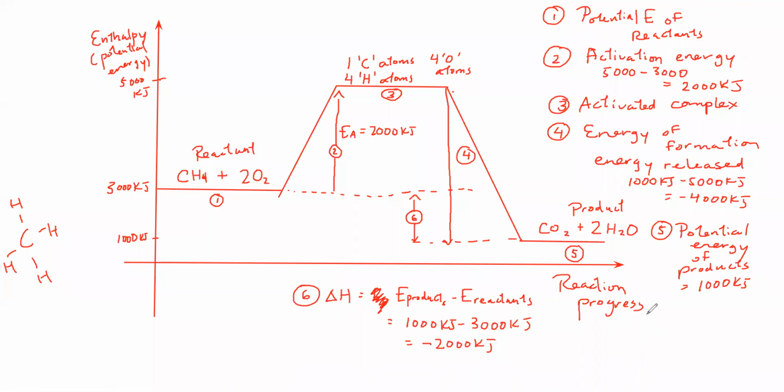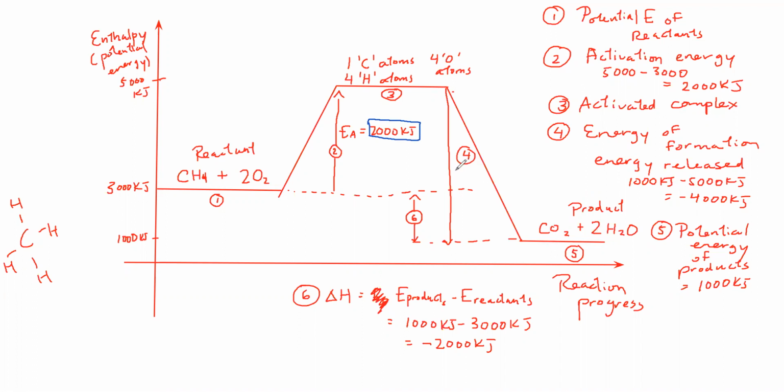Now, we've seen this before. When you have a negative energy, that essentially means that overall, your system released more energy than it did absorb. You can clearly see that when you're looking at the amount that you needed to put in versus the amount that was released.